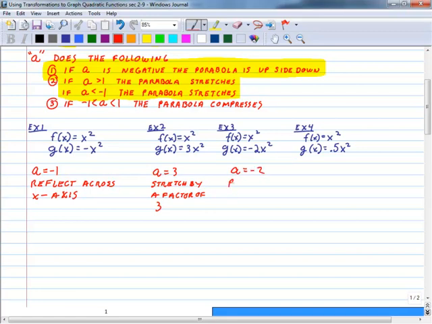First off, it reflects across the x-axis. And it stretches by a factor of 2.